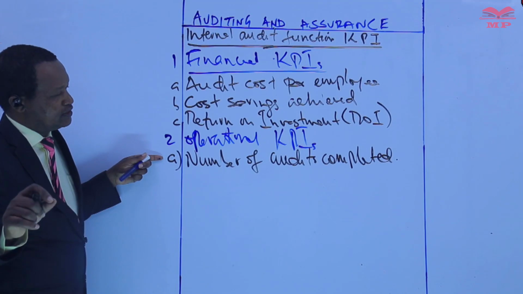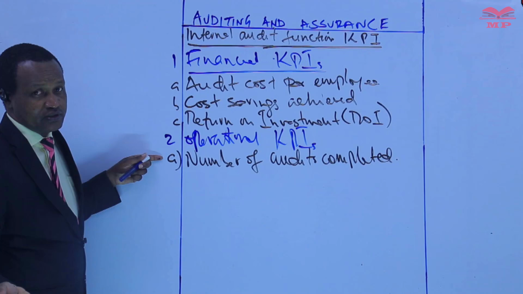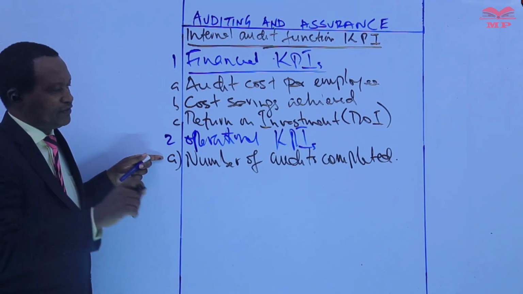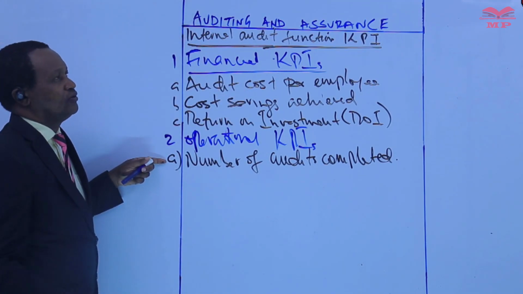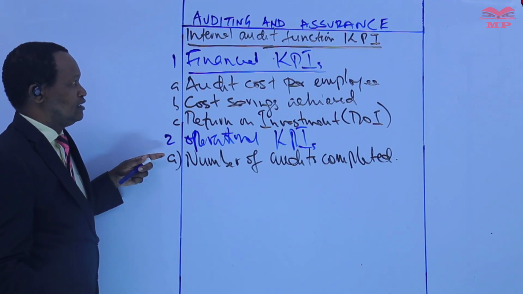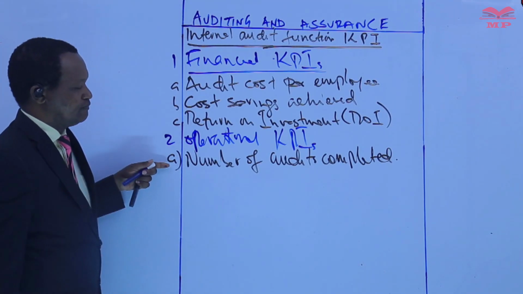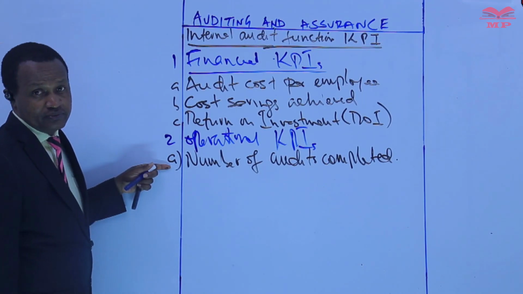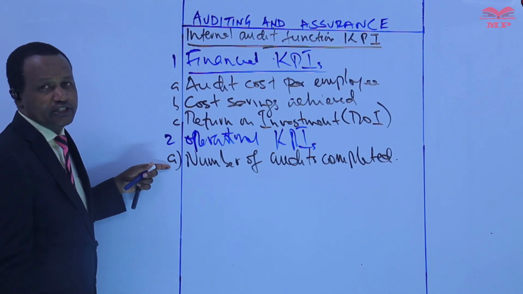This indicator measures the productivity of the internal audit function and its ability to meet its planned audit coverage. Before the financial period, the internal audit function may have a plan on the number of audits that they intend to complete within that accounting period. They may say 20 audits.